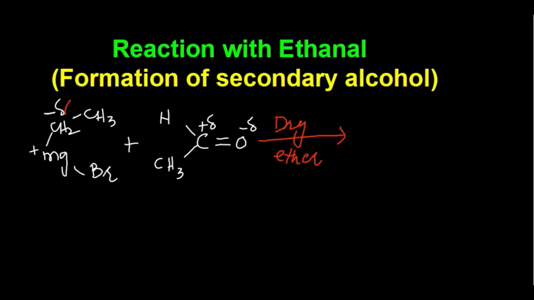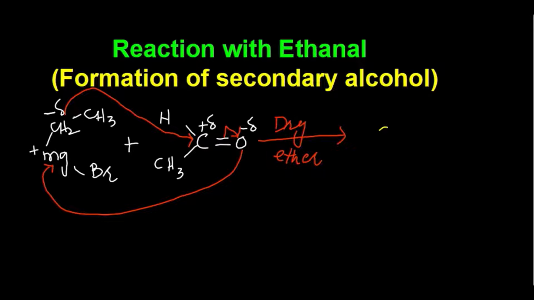With the help of this negative charge, it will attack the carbonyl carbon. The pi electron density between carbonyl carbon and oxygen is shifted onto carbonyl oxygen. Now oxygen becomes negative. After the shifting of pi electrons, oxygen will attack this magnesium and form a sigma bond with it, right students? So after the reaction, we get the addition product.